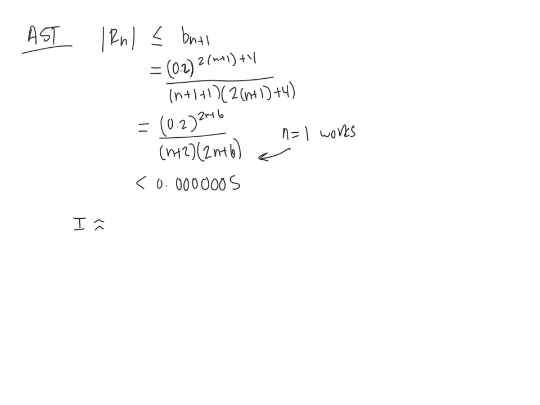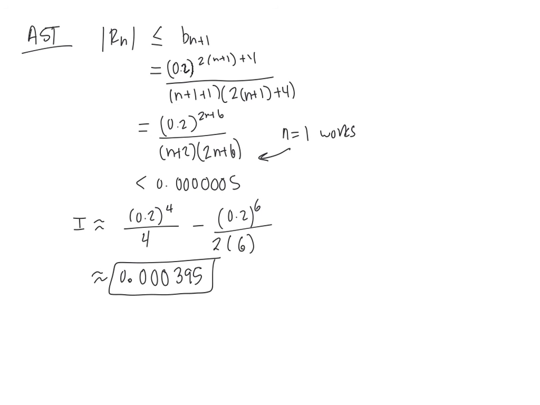So first plug in 0, and we have 0.2 to the 4th over 4. Then plug in 1, and we'll have 0.2 to the 6th over 2 times 6, which is about equal to 0.000395.